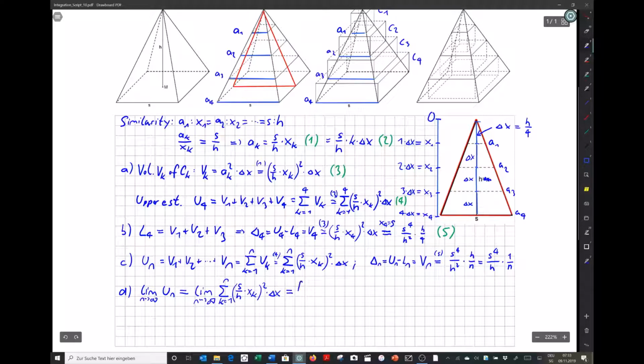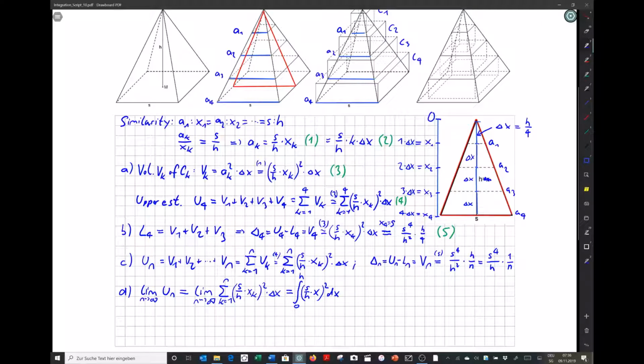So I have the integral of S divided by H times x, squared, dx. And from where to where is the x moving? It starts at 0 and goes until H. So we have to insert as borders 0 to H.